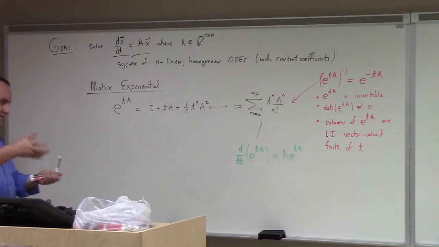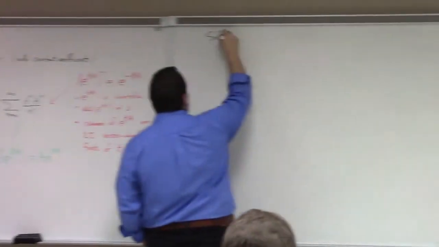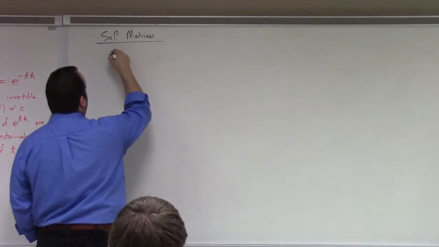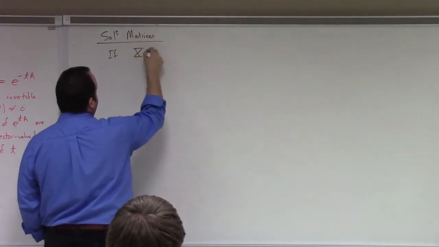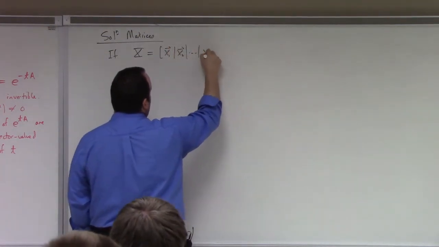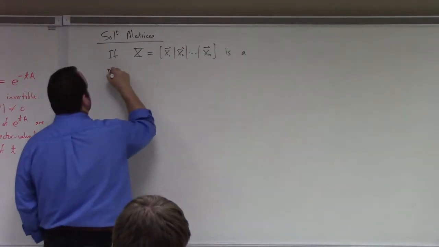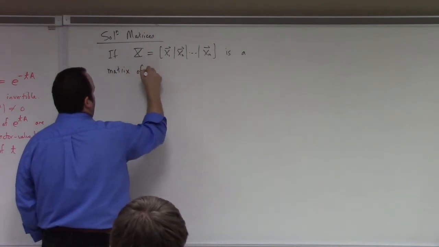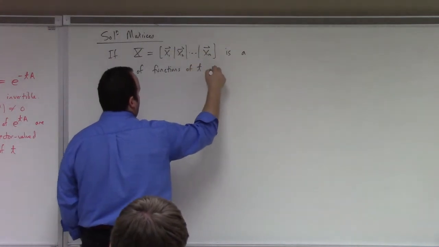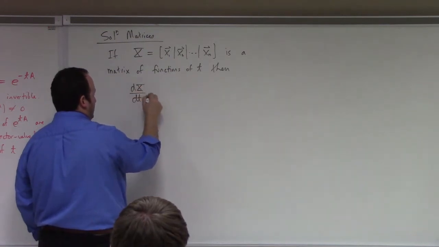Let me just talk a little bit more about solution matrices before we go on here, because I got a little bit shortchanged last time. I want to expand a little bit the discussion last time. So if X = [x1, x2, ..., xn] is a matrix of functions of t, then we can calculate the derivative of that matrix with respect to time.